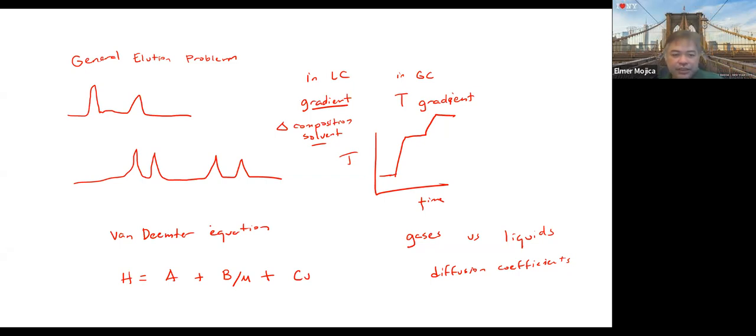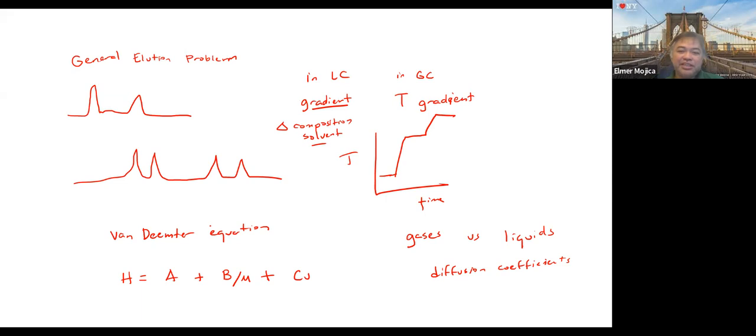So usually, if you have a GC chromatogram, the peaks are sharper compared to what we call an LC chromatogram. And the reason for that is longitudinal diffusion.